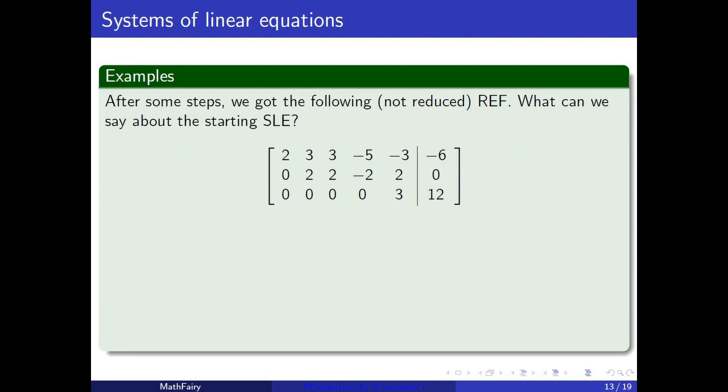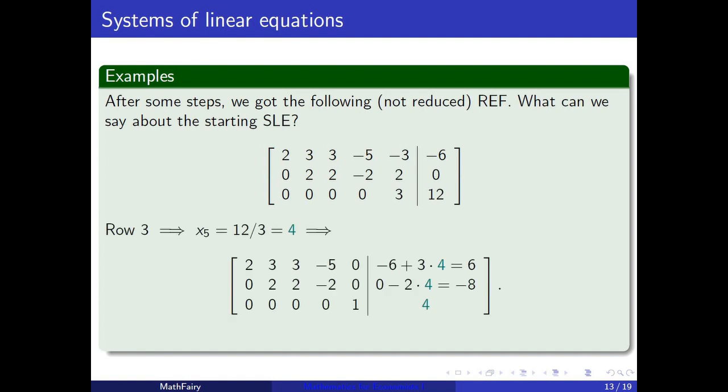So let's now take a look at another example. So let's say that after some elimination steps, we are left with this augmented coefficient matrix. What can we get from this? So from the third row, we can deduce that x5 must be equal to 12 over 3, which is 4.